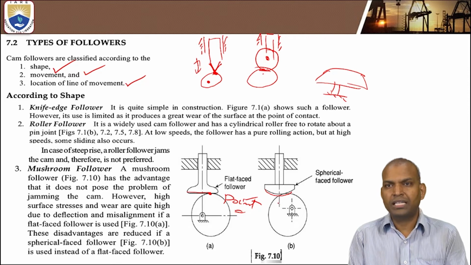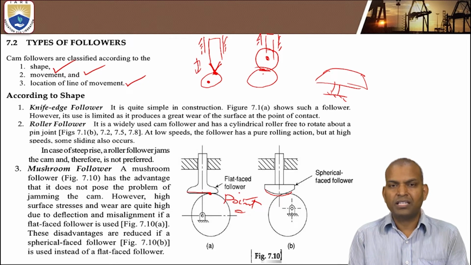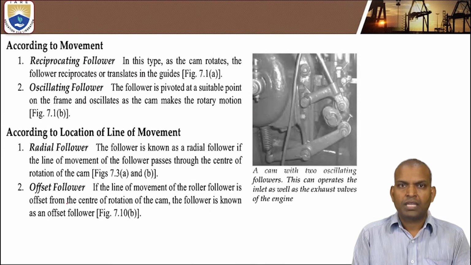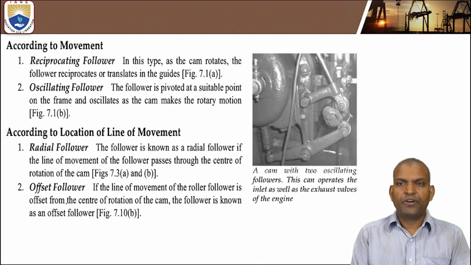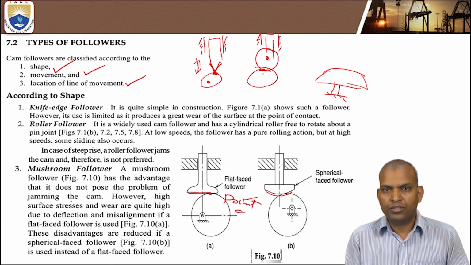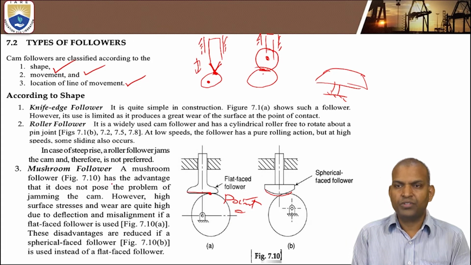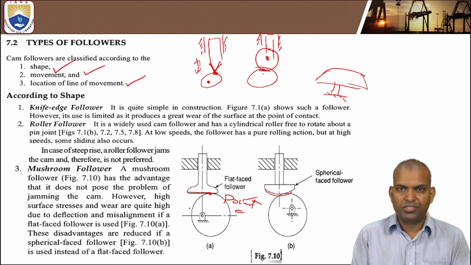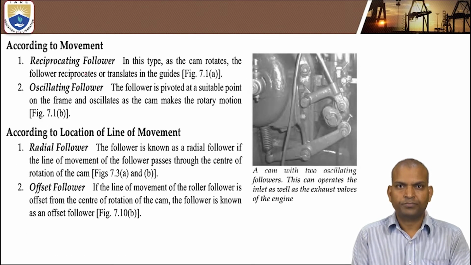That's why all these cam and followers come under the category of higher pair. That is the first category, based on the shape: knife edge follower, roller follower, and mushroom followers. Under the mushroom, again, flat faced and spherical faced followers.